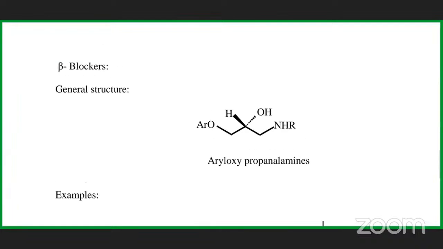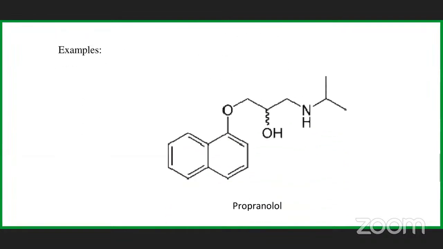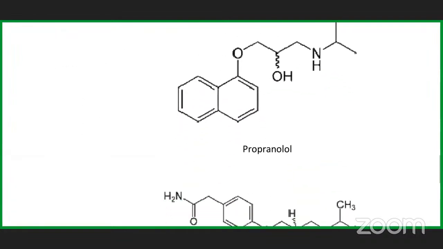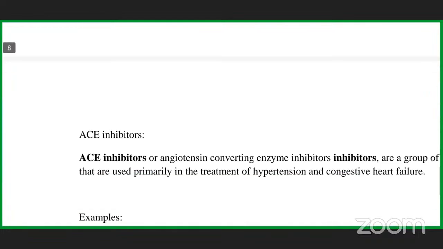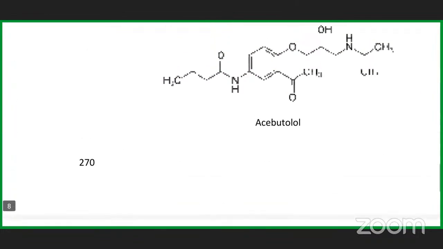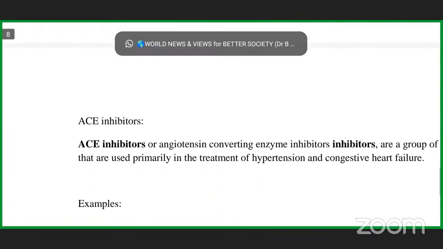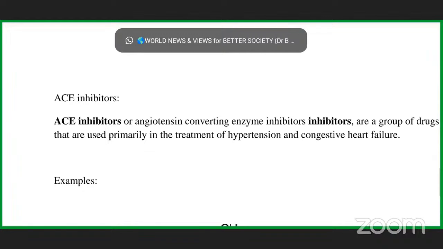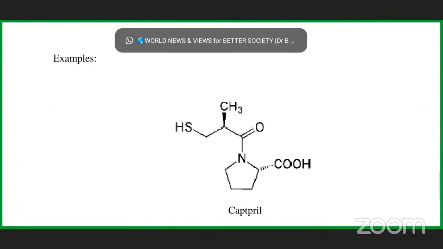Some other drugs are given like beta blockers here, propranolol, atenolol, and salbutamol. All these are drugs acting as your NSAIDs, non-steroidal anti-inflammatory drugs. And among the ACE inhibitors, the example is captopril.